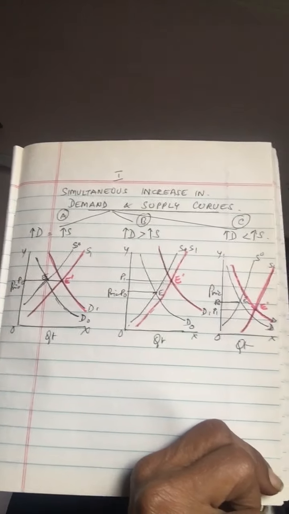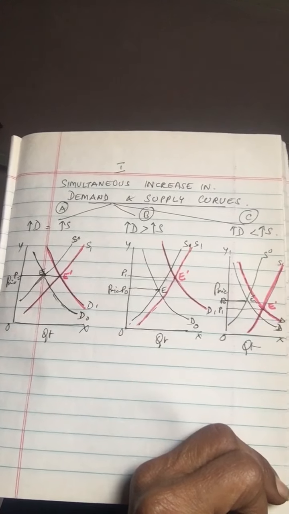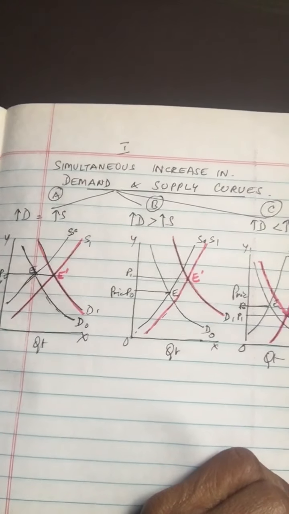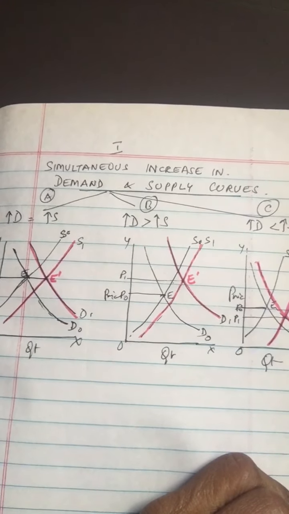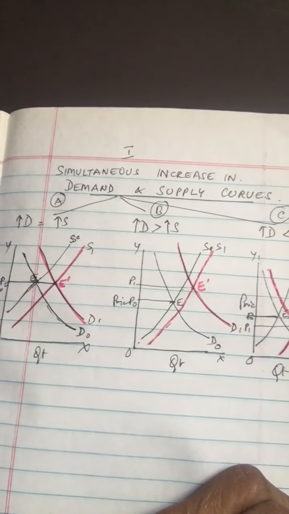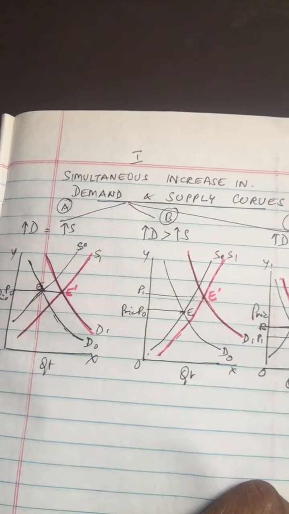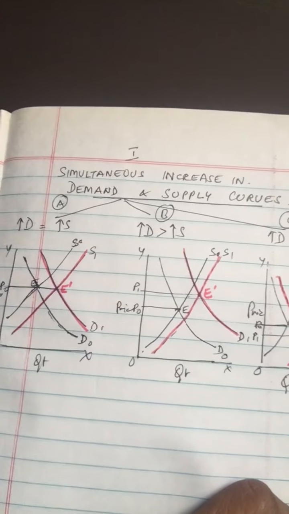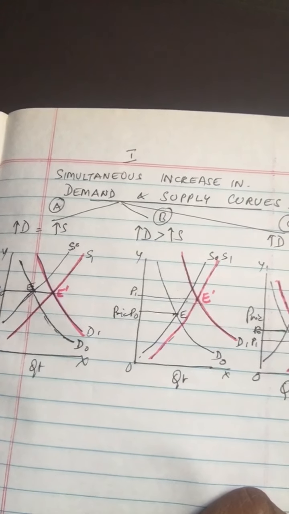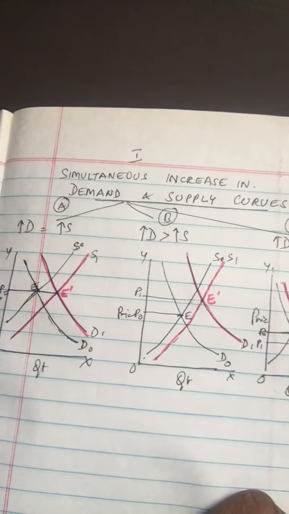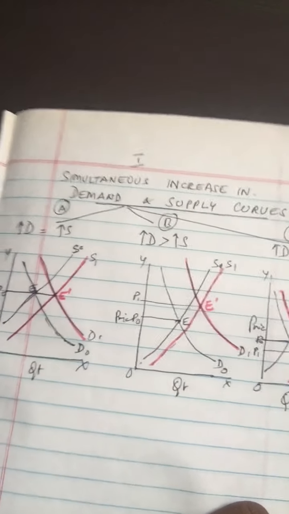Here I just want you to have a fair idea as to what we are going to do, because it's not just drawing these diagrams and it comes to an end. There is a chain effect in every diagram that we're going to talk about. How there's a contraction and expansion between supply and demand, which settles to a new equilibrium.